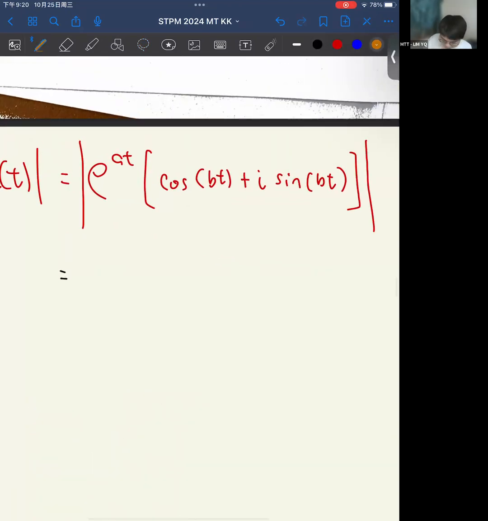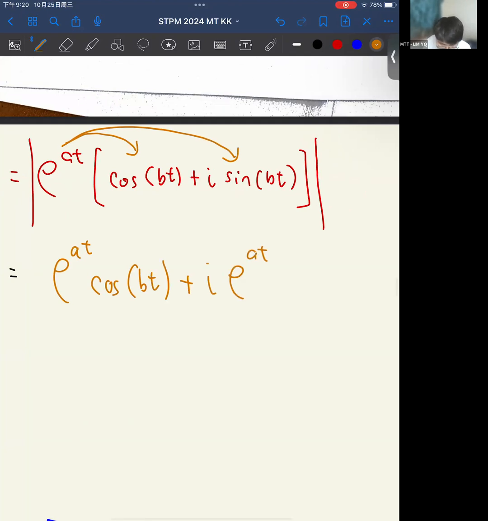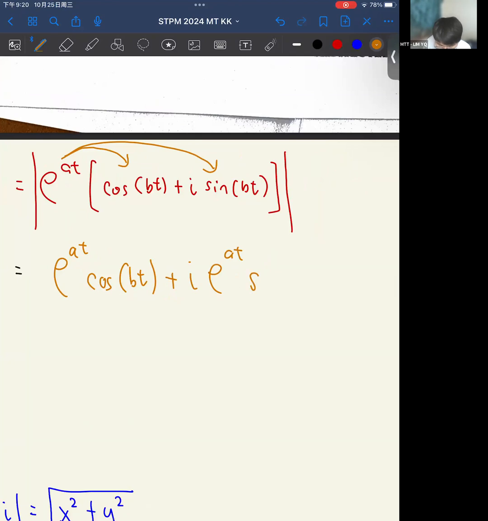Now we multiply this one to here by using distributive. Distribute first, like this, plus. Maybe I put the i out there. I always like to put the i out there, easy to see that it is imaginary. Why do I do it like this?